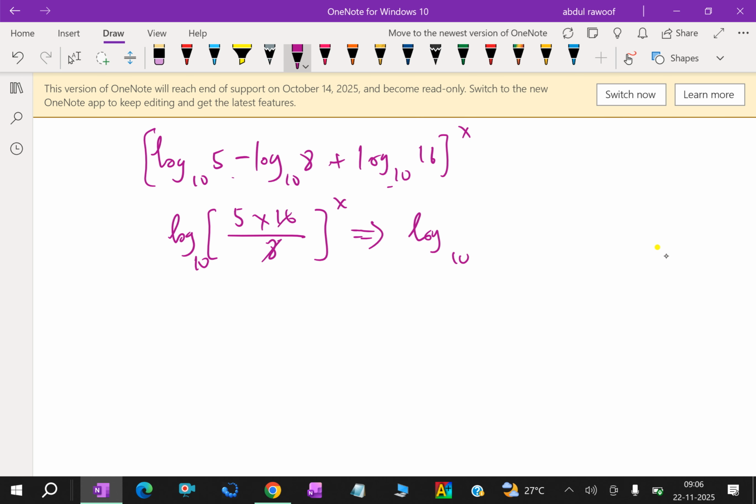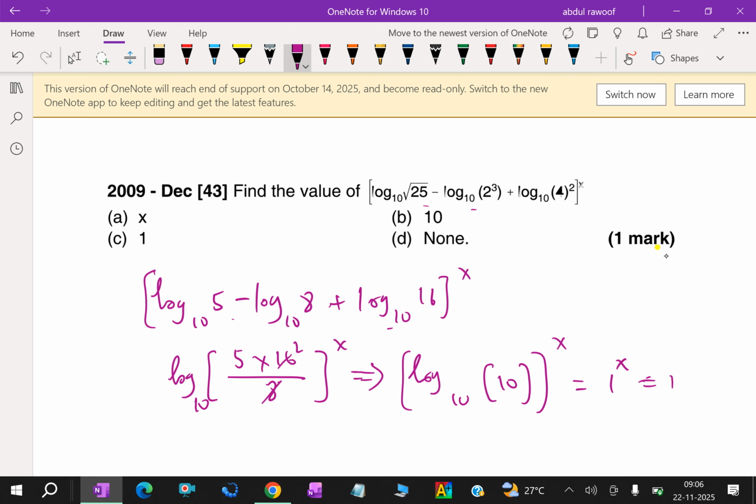This is 2. 2 5s are 10. We know that log 10 base 10, the same number, is equal to 1 power x. So anything power 1 is 1 only. So the answer is option C.